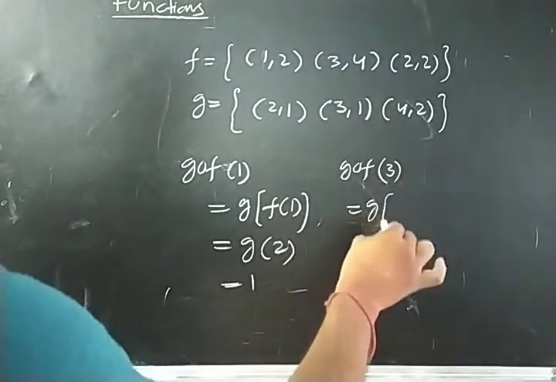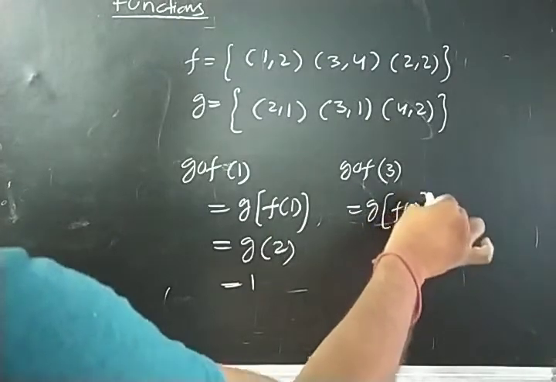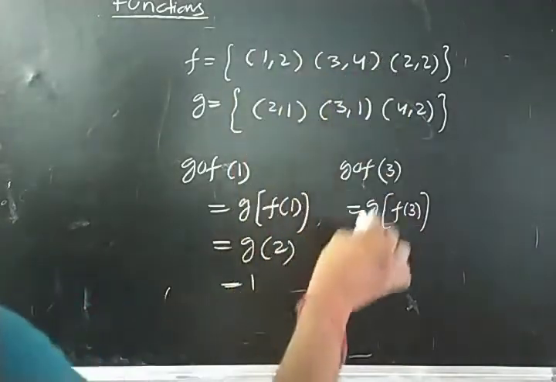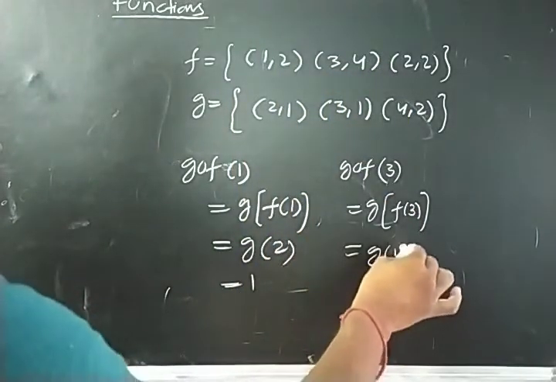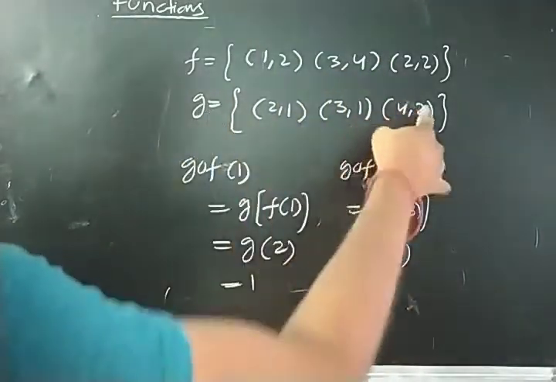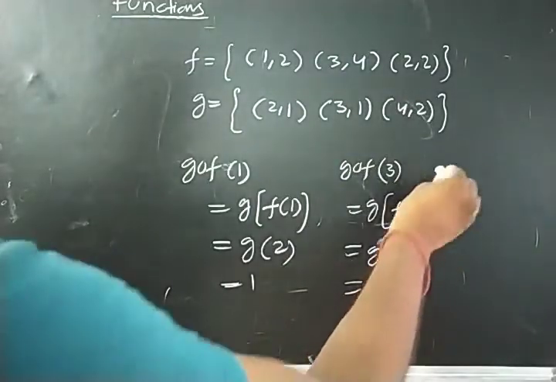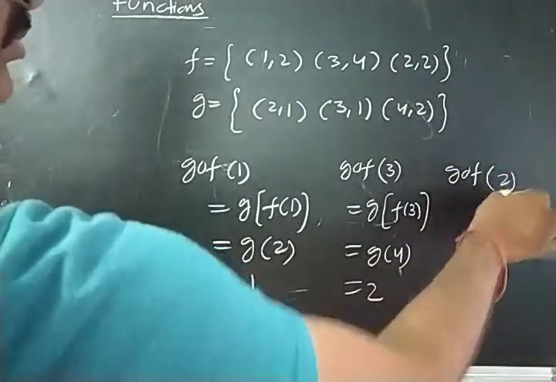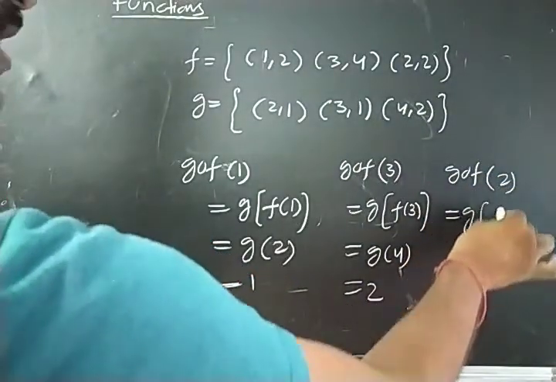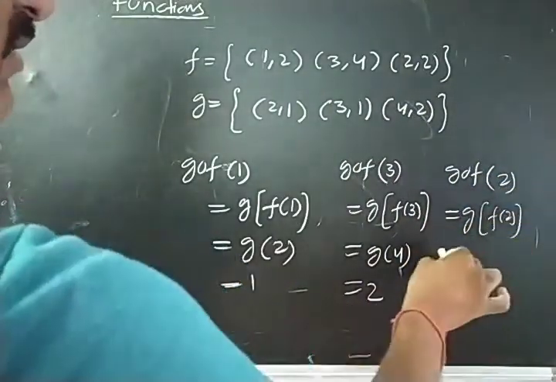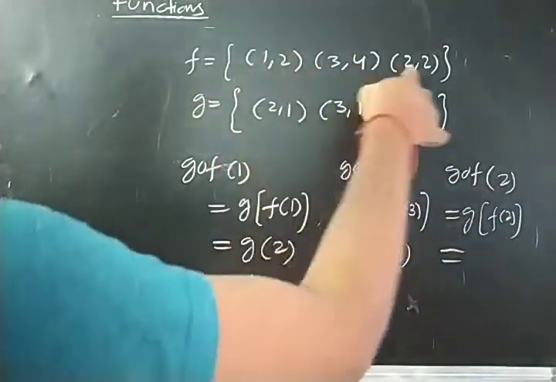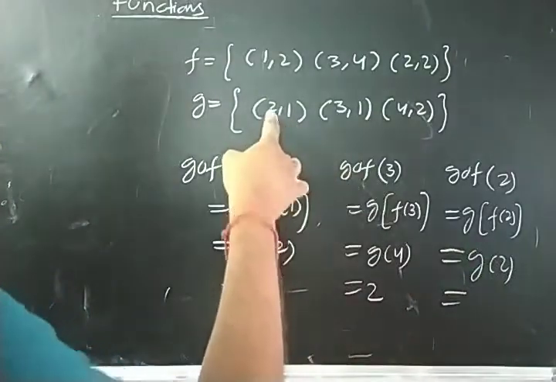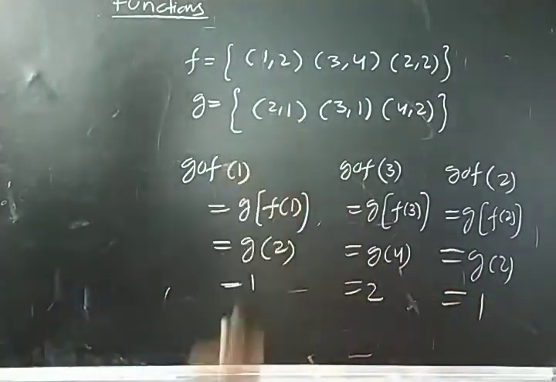How to find g of f of 3? f of 3: the image with respect to f is 4. Now g of 4: the image with respect to g is 2. Next, g circle f of the last element 2: g of f of 2. The image of 2 with respect to f is 2. So g of 2: the image of 2 with respect to g is 1.